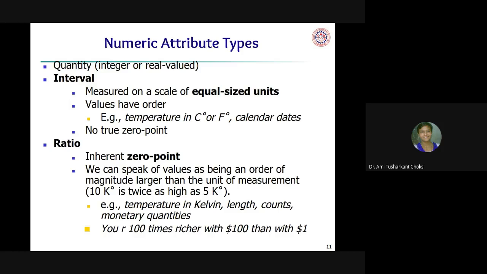Okay. So ratio is the second type of numeric attribute. There we can say that an inherent 0 point is there. We can speak of values as being an order of magnitude larger than the unit of measurement. What does that mean?